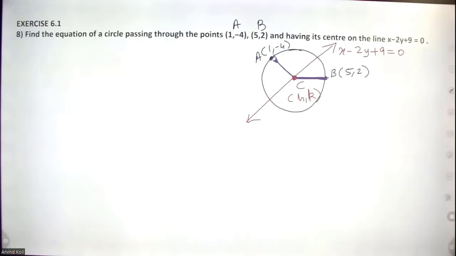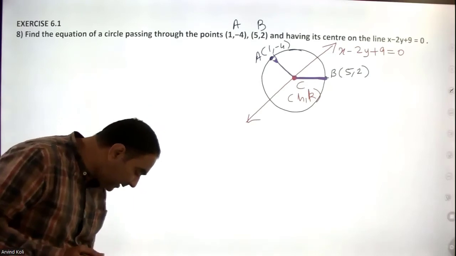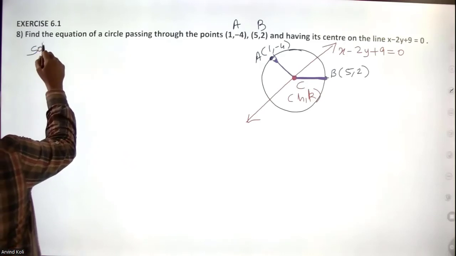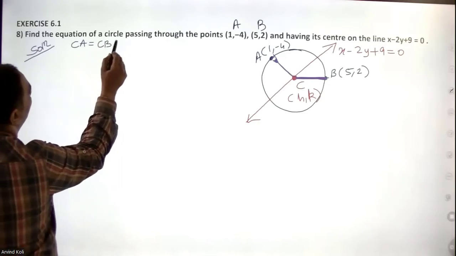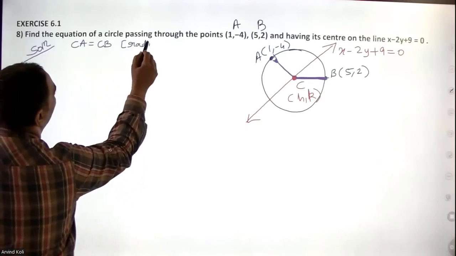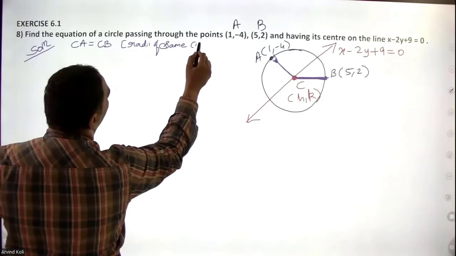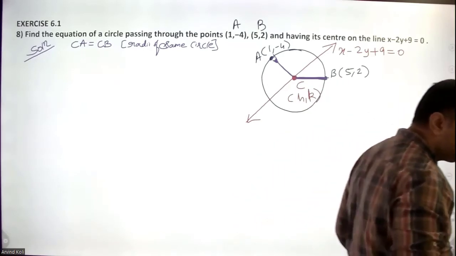So students, what can we say about length CA and CB? CA, CB, they both are equal because they are both radii of the same circle. CA is equal to CB. The reason is radii of the same circle.